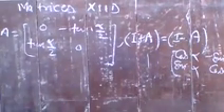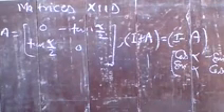If you see the elements given here in the A matrix, the angle is alpha by 2, but the part on the right side is in terms of alpha.